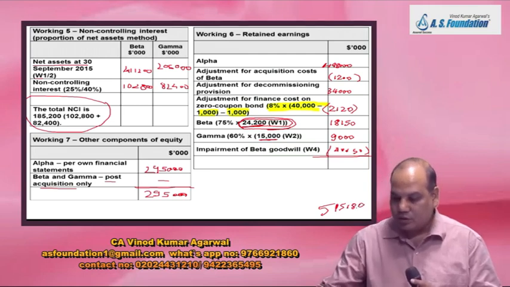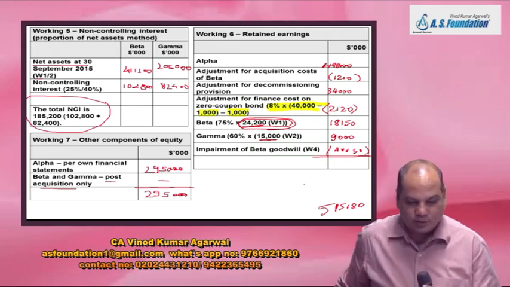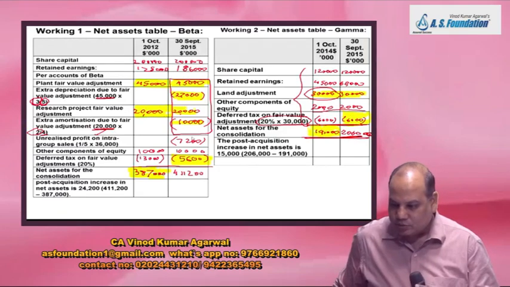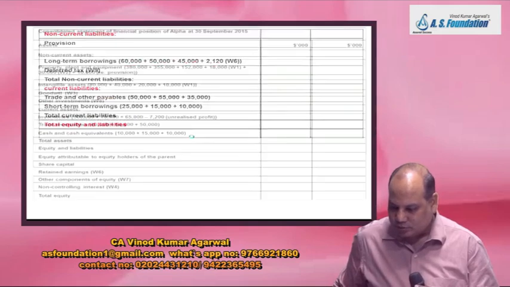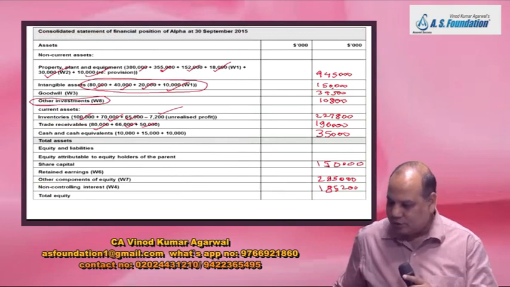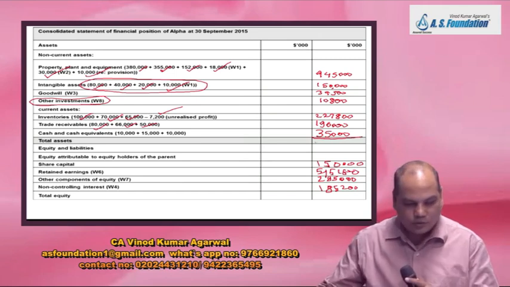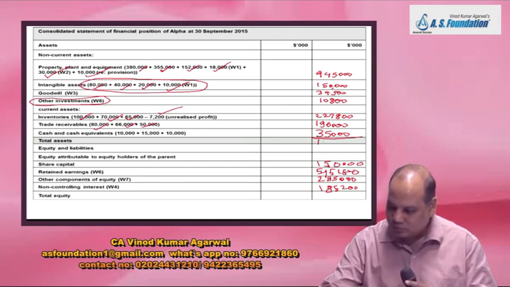Okay. 515,180. Is it matching? Everybody. Come to balance sheet. 515,180. Tell me the total of the asset side, those who have done. 16,04,000.